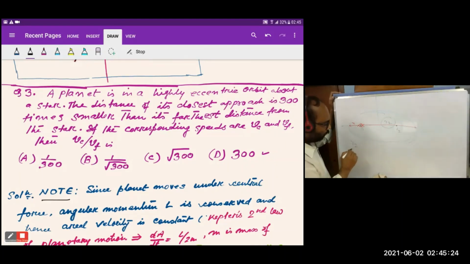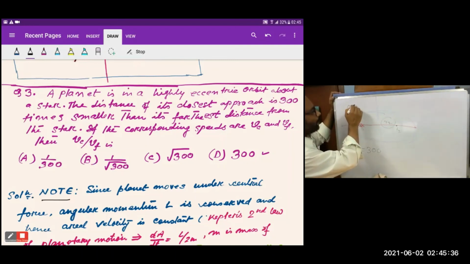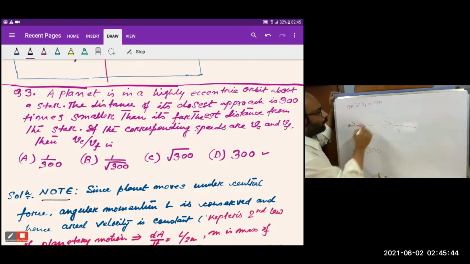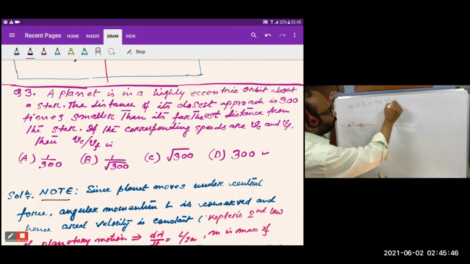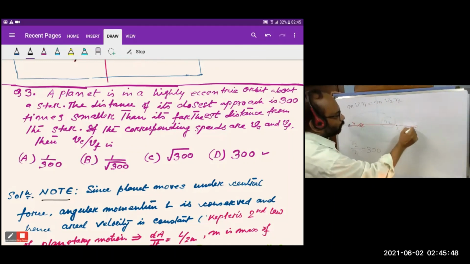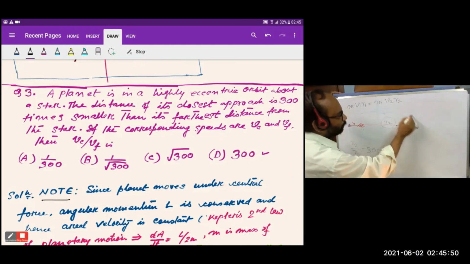So r2 by r1 is 300. Using the conservation of angular momentum, we can write m v1 r1, that means over here, is equal to m v2 r2, that means here.